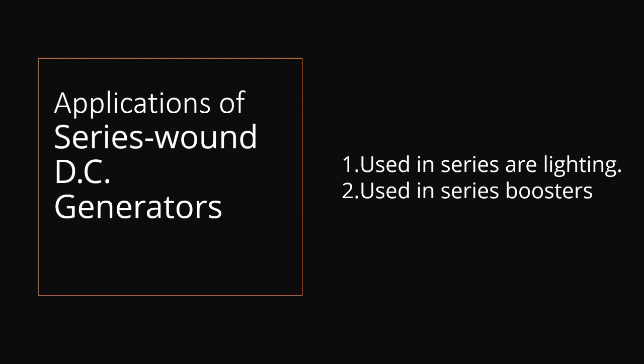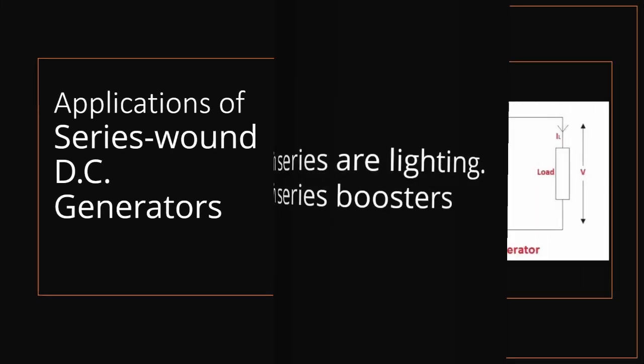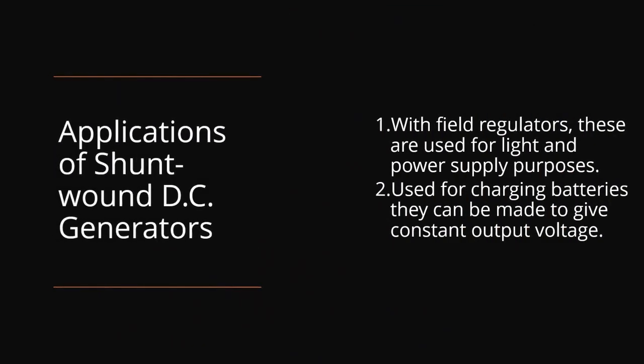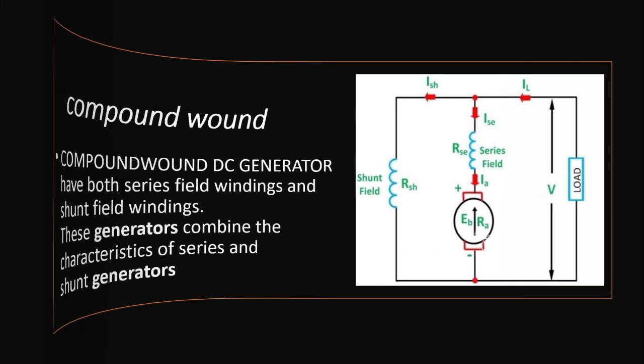These are used in series lighting and in series boosters. In shunt wound, field winding of a generator is connected in parallel with the generator armature. With field regulators, these are used for light and power supply purposes, and for charging batteries they can be made to give constant output voltage.